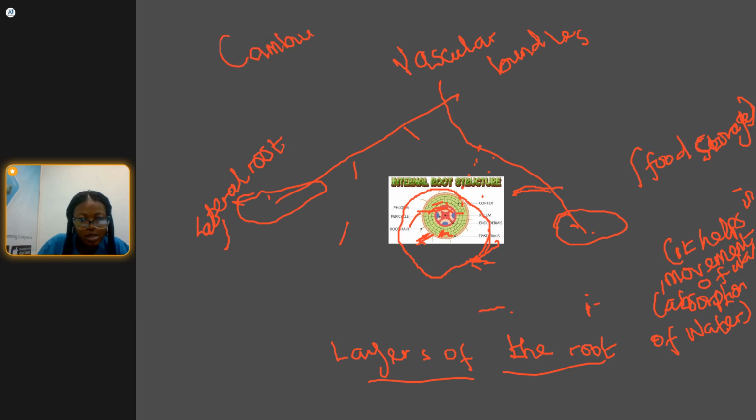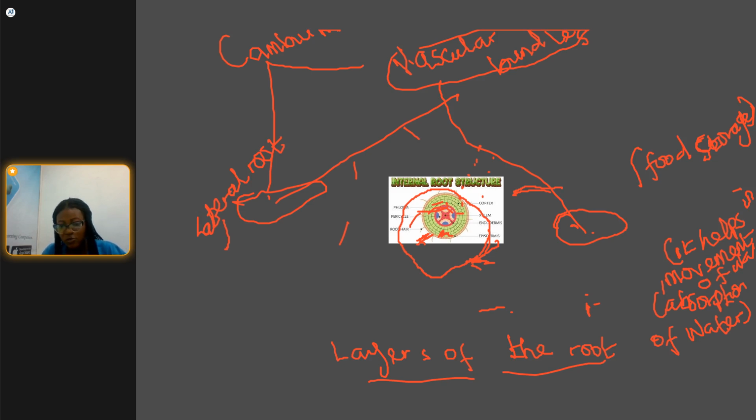Cambium. This is the spelling of cambium. C-A-M-B-I-U-M. Cambium. So the phloem, the xylem, and the cambium are called vascular bundles. So what is the function of each of these vascular bundles?